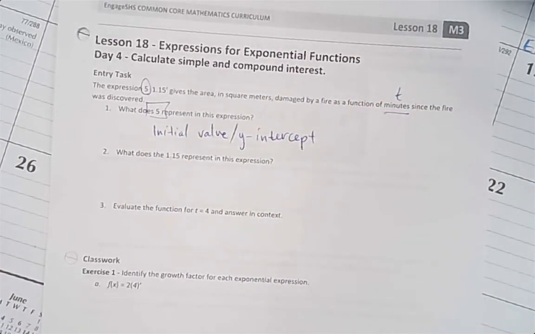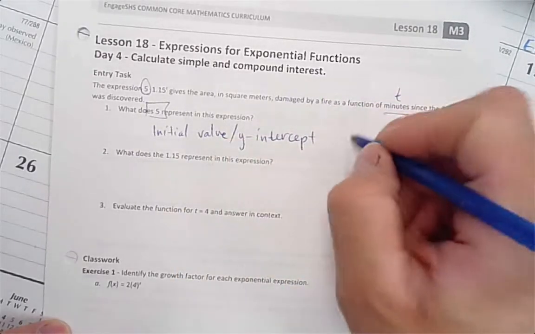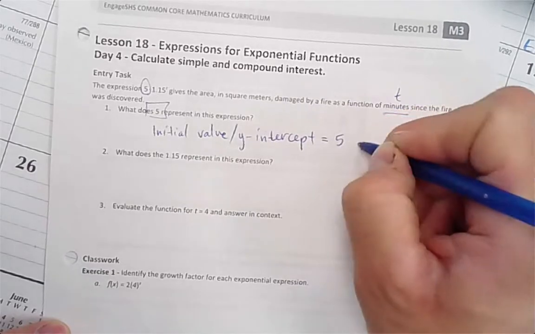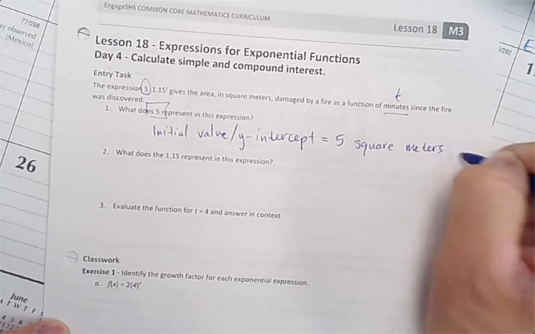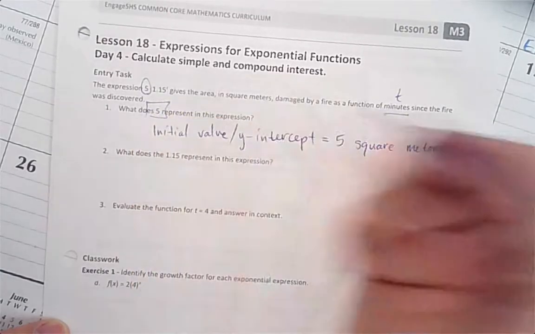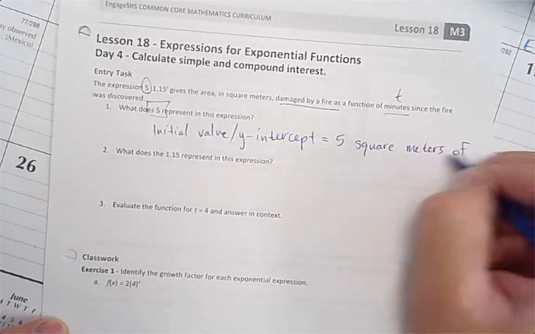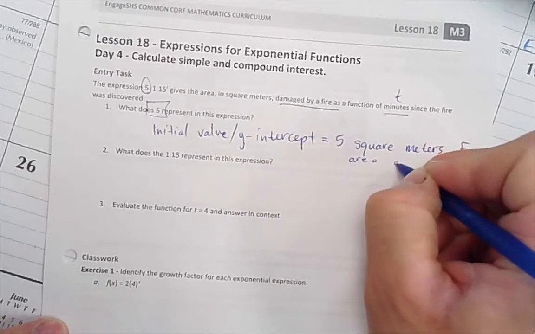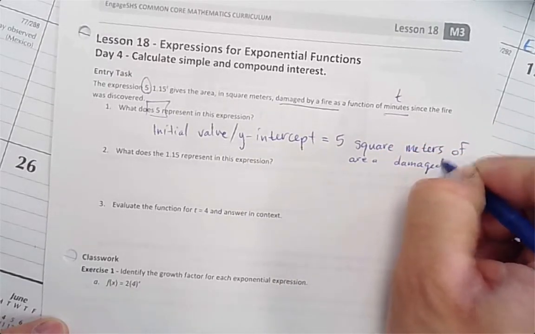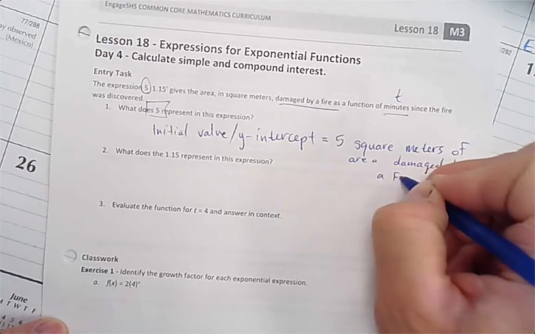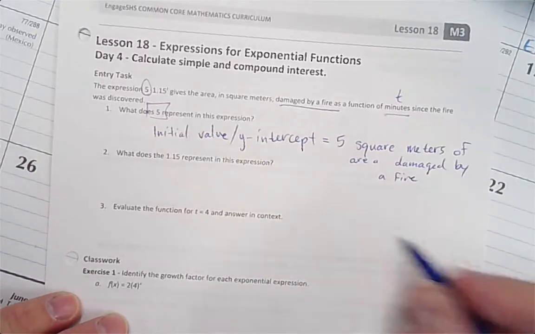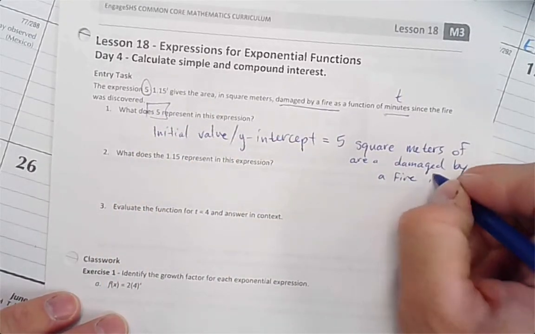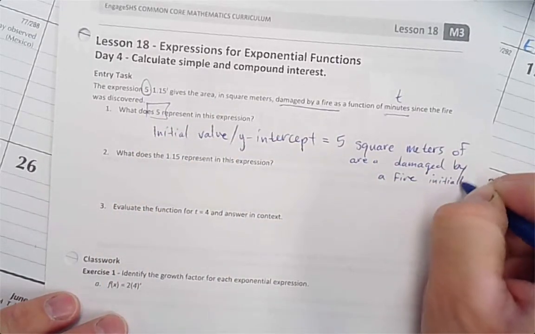However, what we need to be able to do is state that this means there were 5 square meters of area damaged by a fire initially. I say when the fire began, or when we started counting with this model, but I'm going to abbreviate it to say initially.